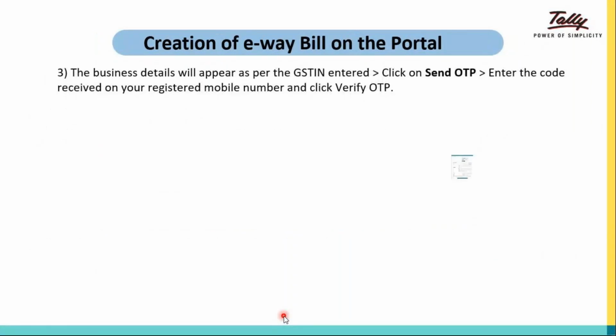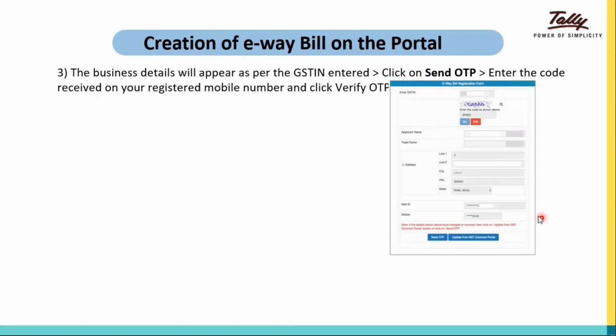And then you will be taken to a screen like this. In this screen you will have all the details automatically filled in by looking at the GST registration number. So the business details will appear as per the GST registration number. You can see here the applicant name, trade name, address, mail ID, mobile number.